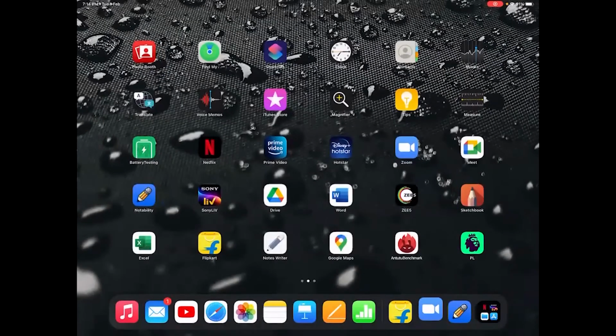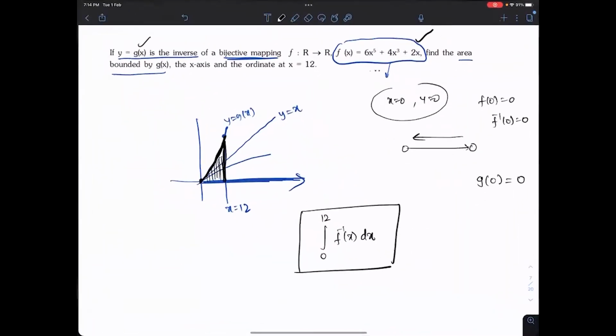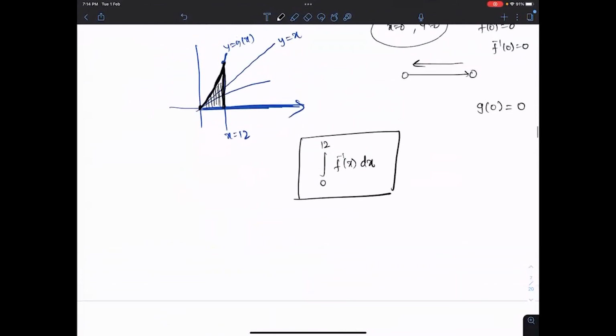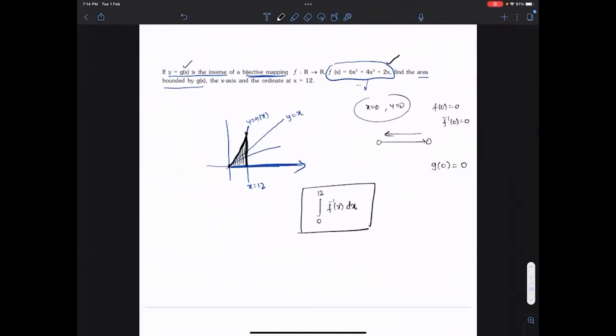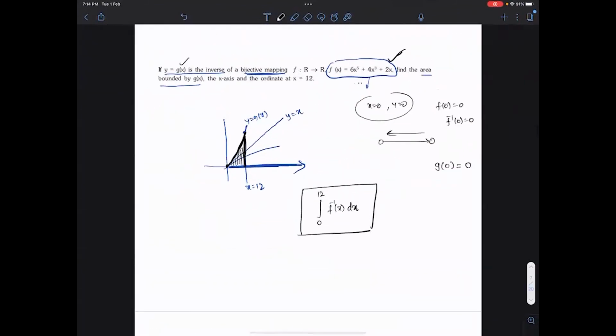So whenever you have an inverse function integration, but f of x is given, not f inverse x, if they had given f inverse x, we could have done it easily. So what you do is simple. Take f inverse x as t. This substitution you make. You will see how easy it will be.